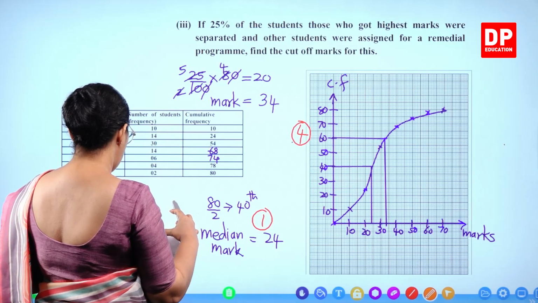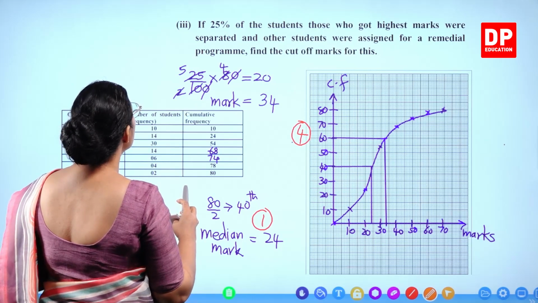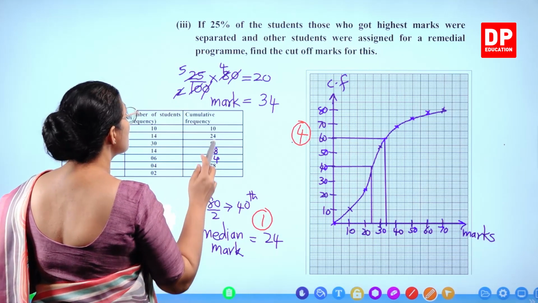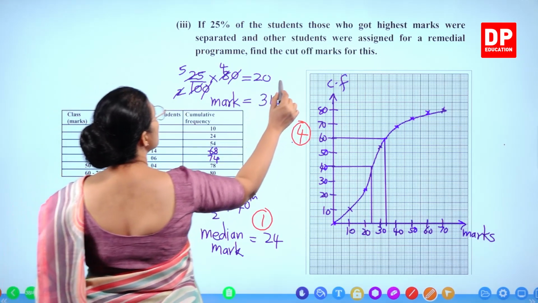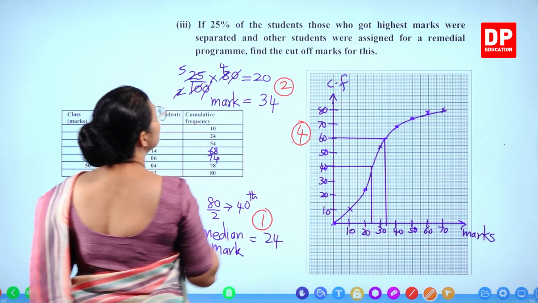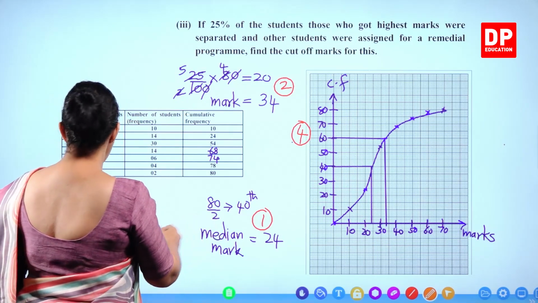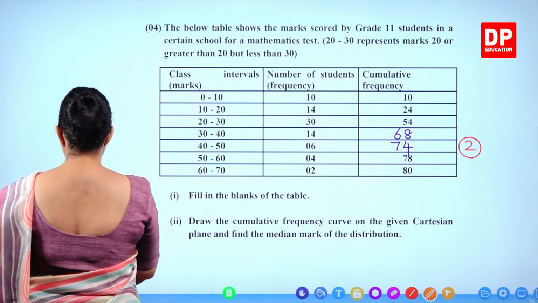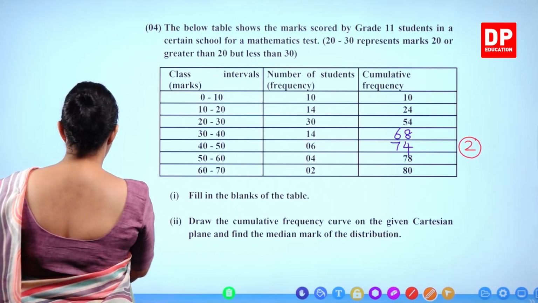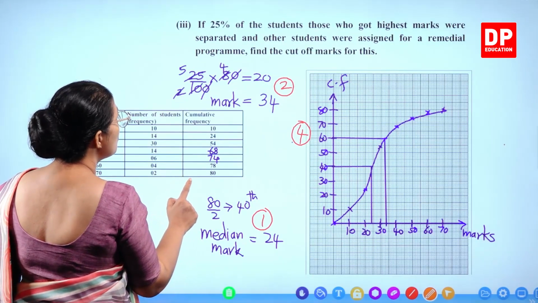And finding the 25% of the students who got highest marks, that's 2 marks you are getting. So 7, and we gave 2 marks. So that means 1 we need to give. Let's see. 2, 3, 4.